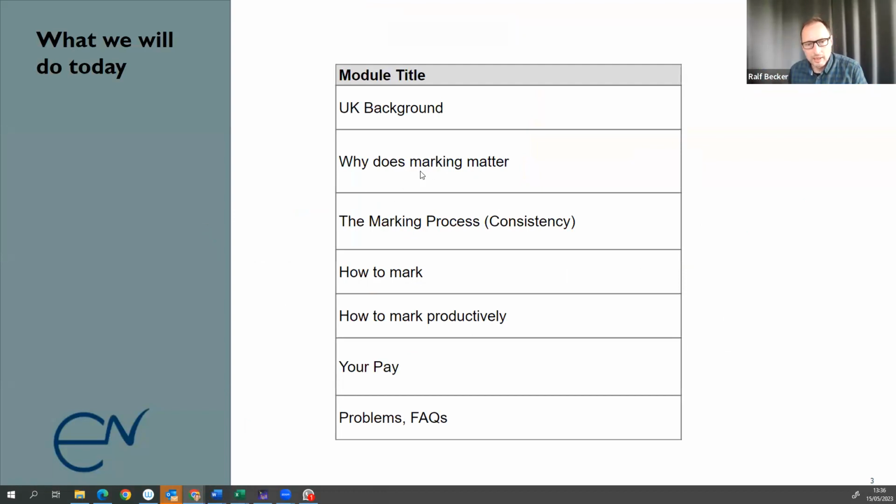Think about why marking matters. We're going to think a little bit about the marking process, how to get consistency. I know some of you already were hoping for that. Some practicalities, the nitty-gritty, how to be productive. Very important, pay, and then in the end we'll have a FAQ section where you can ask your questions, and we'll get back to the Padlet and hopefully make sure that we've responded to most of the issues.